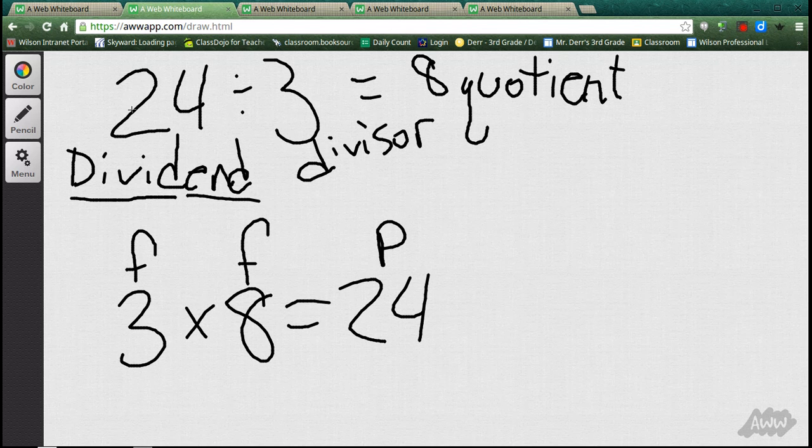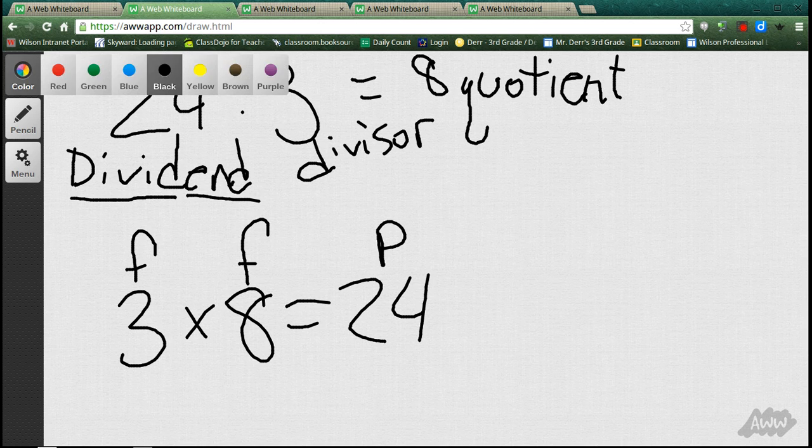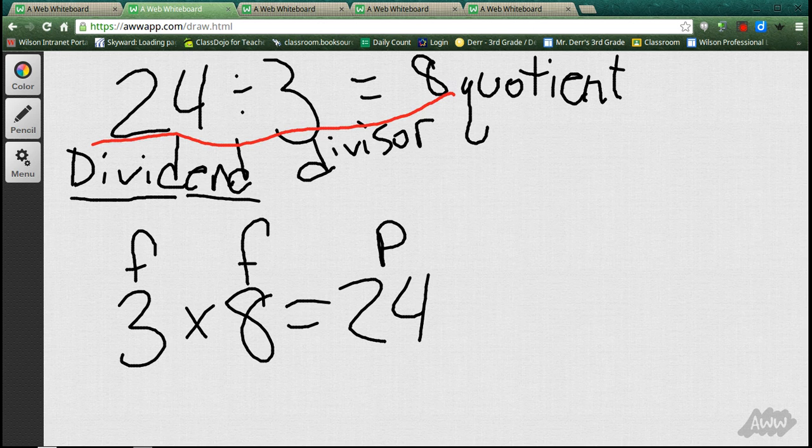And if we take a look here at the equations themselves, you'll see we have 24 divided by 3, and 3 times 8 equals 24. We talked already in previous lessons that these two problems are related, and that they could be put into the same fact family. We are family. So we have our 24 divided by 3 equals 8.